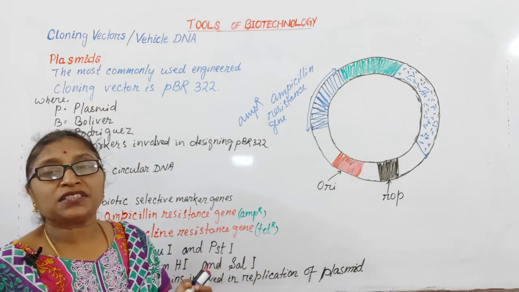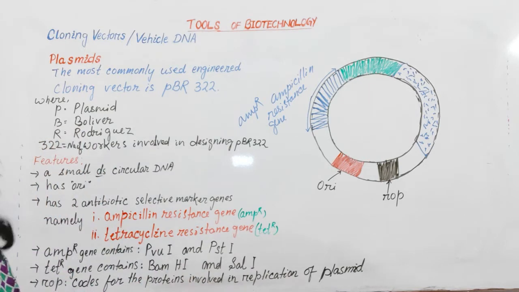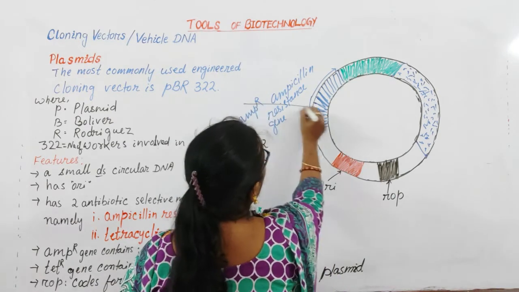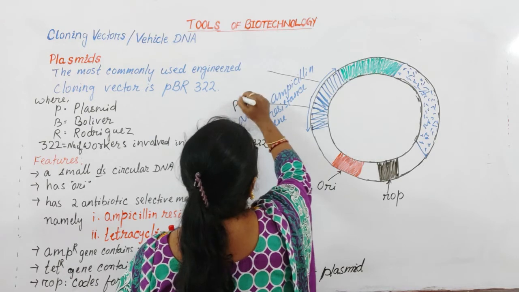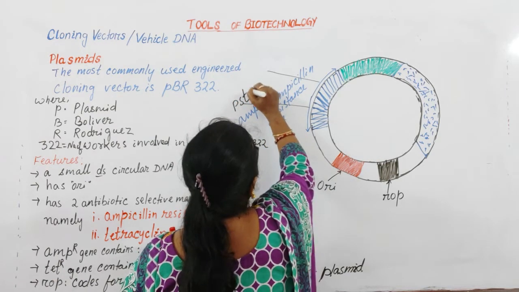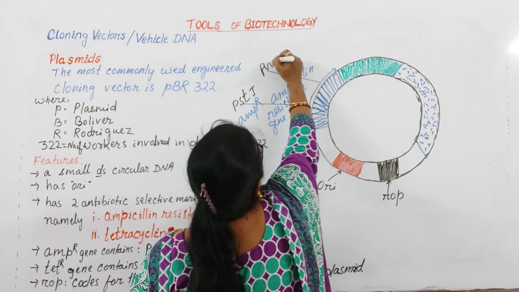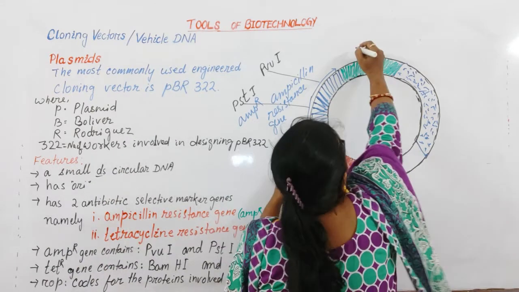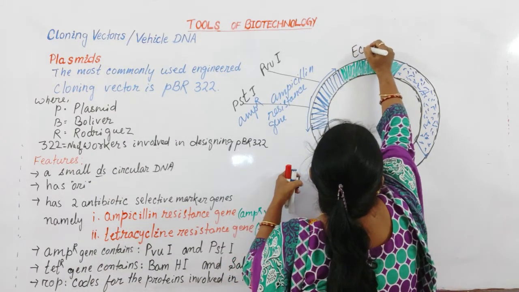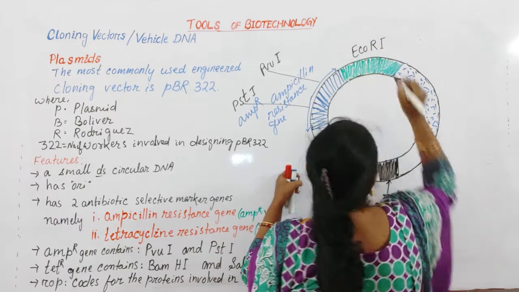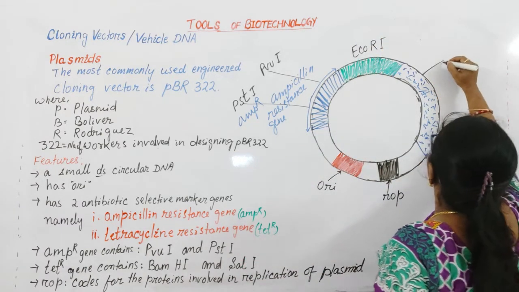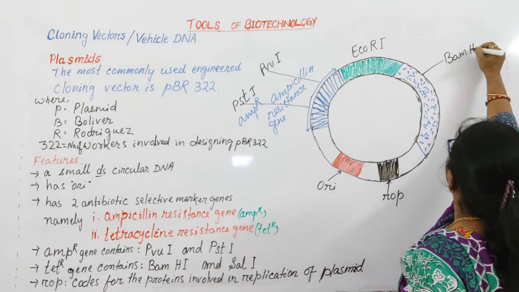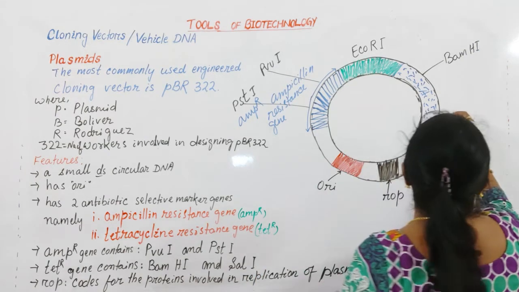Here two more, PstI and PvuI. Here suppose PstI, PvuI, and there EcoRI. Here BamHI and SalI.